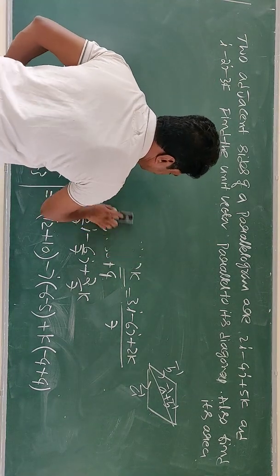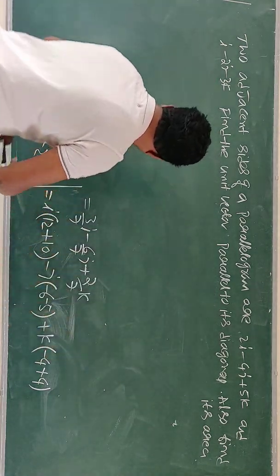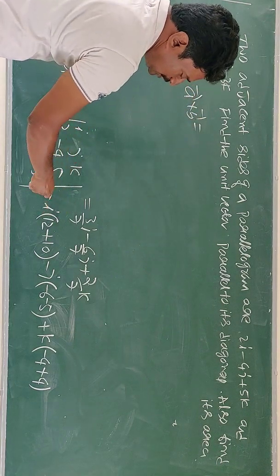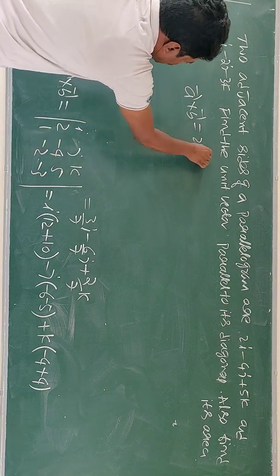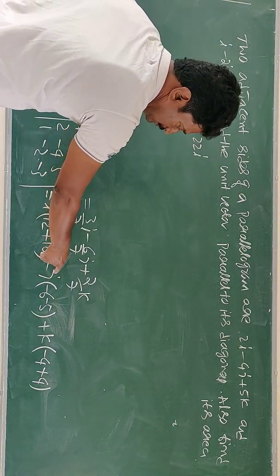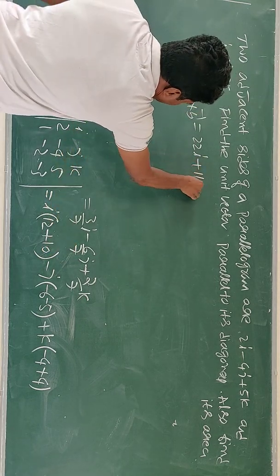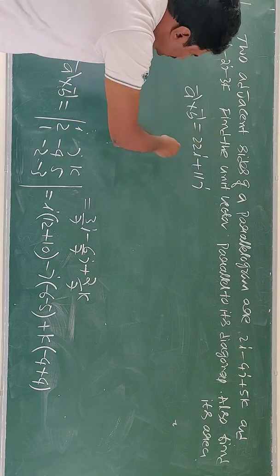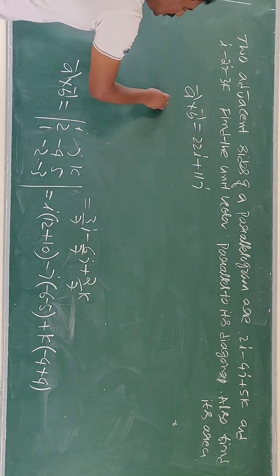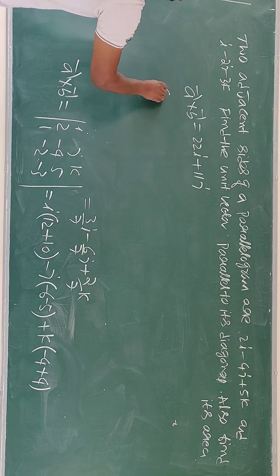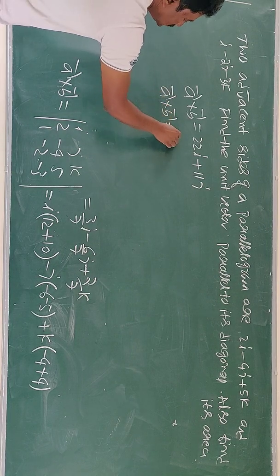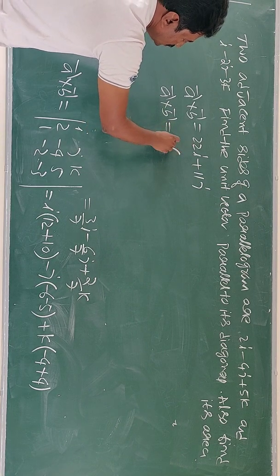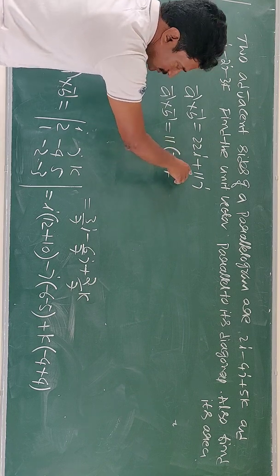So A cross B is 12 plus 10, 22i, plus 11j, plus 0k. What is common? 11 is common. So A cross B is 11 times 2i plus j.